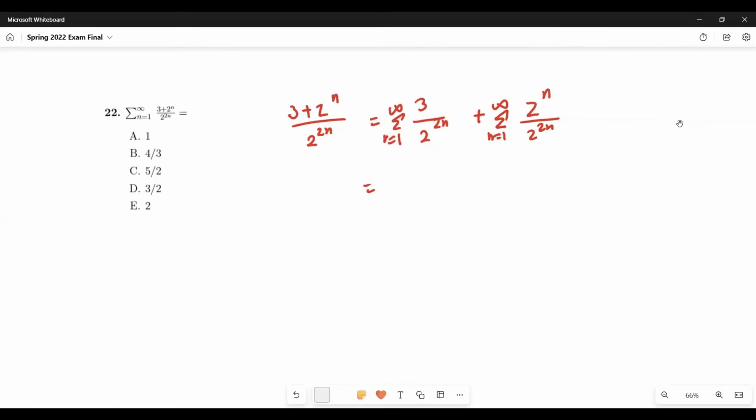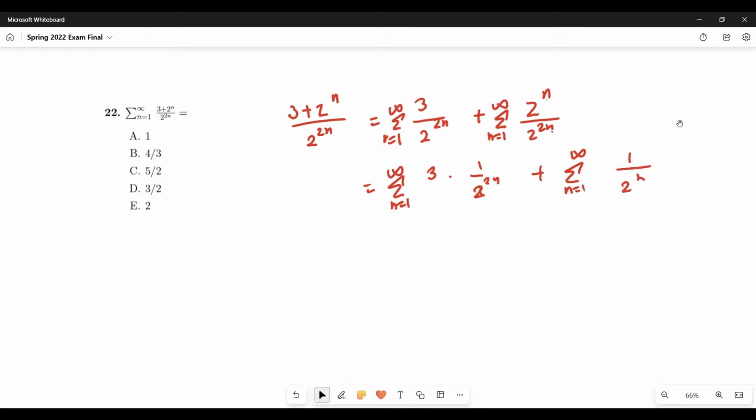So this is the same as the sum of 3 times 1 over 2^(2n), and the second part can be reduced to the sum of 1 over 2^n, because they both have n power.